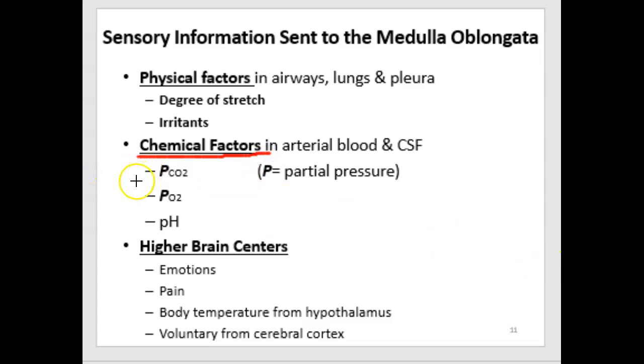We need to maintain a certain level of CO2, oxygen, and hydrogen ions, or pH, in our tissues and our bloodstream and our cerebral spinal fluid and all the fluids in our bodies actually. So these three chemicals are the ones that are going to be important and might trigger sensory information being sent to the dorsal respiratory group.